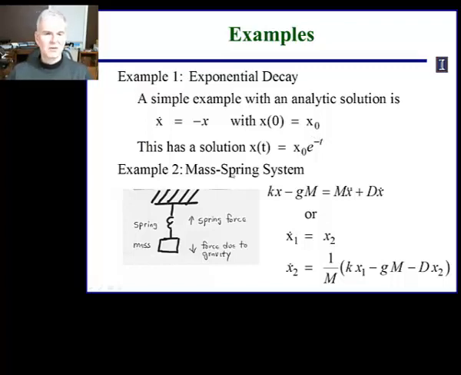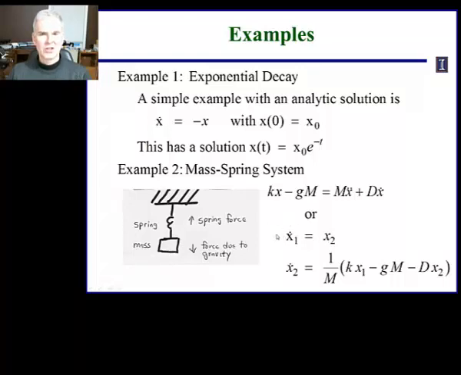The second example is, let's go back to the mass spring system where we had a mass suspended from a spring. We know that the force of gravity is pulling down, the spring's pulling up. We saw in the first slide set we can write the differential equations here. This is a second order set of equations of the form similar to the swing equations. What we can do is convert this into the set of two first order differential equations by letting x1 represent the position of the mass, and then x2 is equal to its velocity.